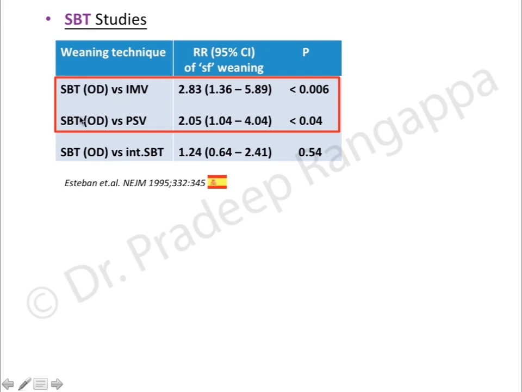They also compared spontaneous breathing trial once a day with pressure support, where you gradually reduce the pressure support, and in fact they found spontaneous breathing trial was much better in successful weaning, and that was statistically significant. And they compared once a day with intermittent spontaneous breathing trial, where there was no significance.